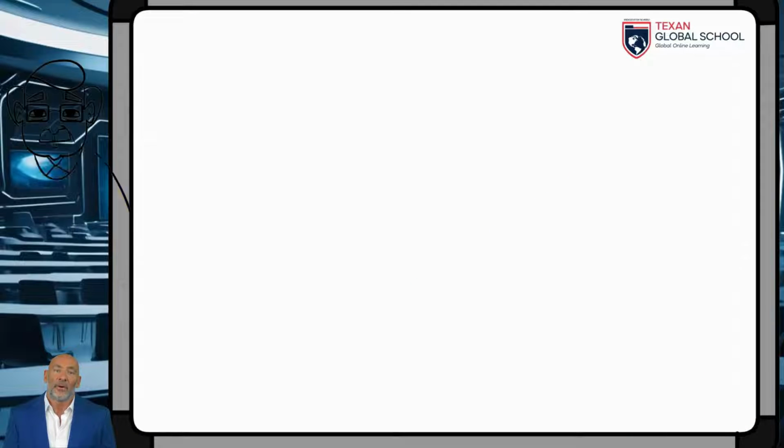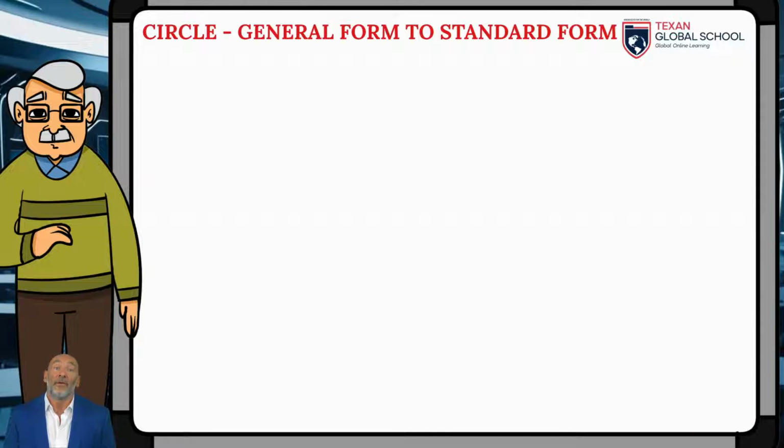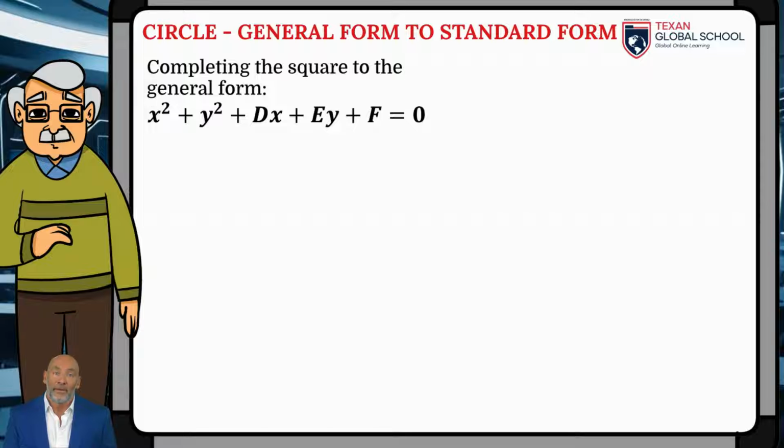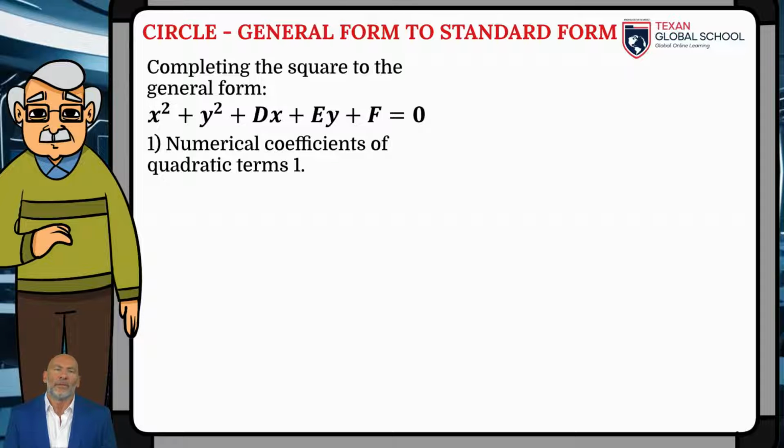Finally, to transform from the general form to the standard form we will use the method of completing squares seen in the algebra course. First, in case the numerical coefficient of the quadratic terms is different from 1, we must multiply both members of the equation by their multiplicative inverse to make them 1. In the case of a circle, the numerical coefficients of the quadratic terms will be 1 or will have exactly the same value.